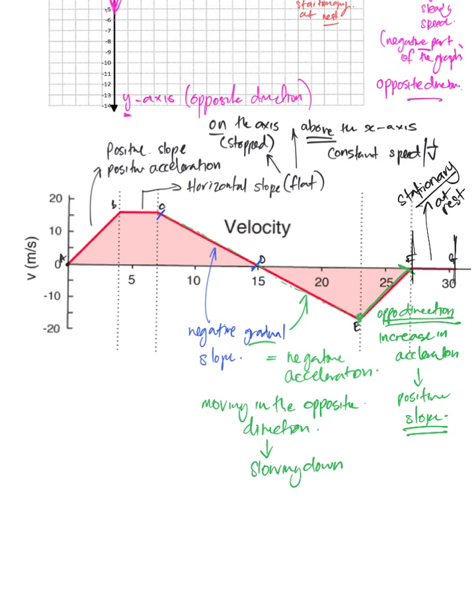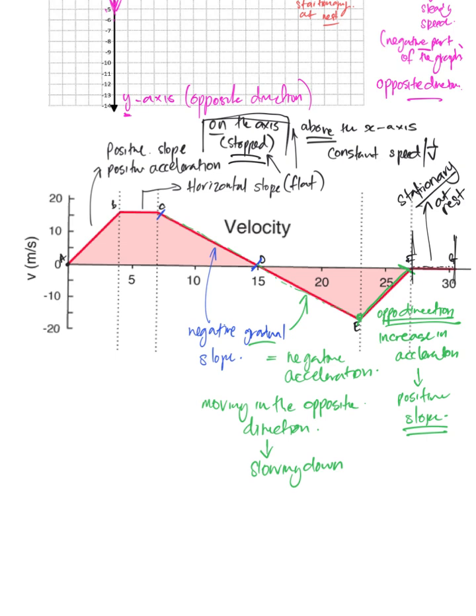No movement, because look, it's on the x-axis and it's flat. So if it's on the x-axis and it's flat, the object is not moving for that period of time. And that's what it looks like when we do a velocity time graph.